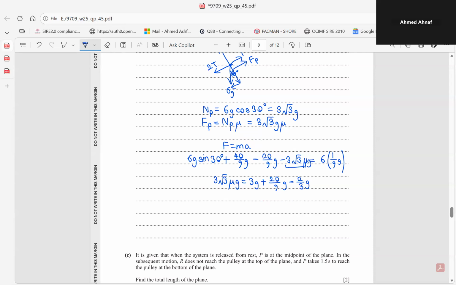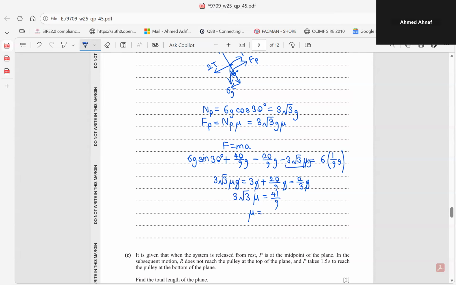Yeah, so we can cancel out the g. So 3 square root 3 mu equals 3 plus 20 over 9 minus 2/3, which is 41 over 9.